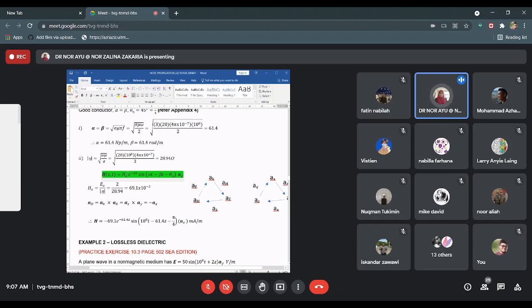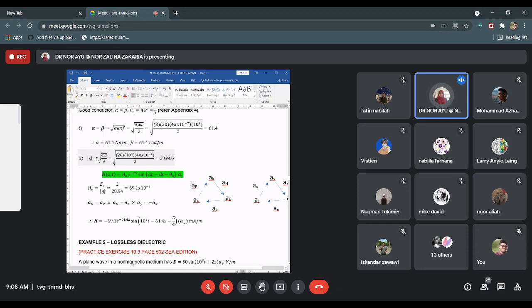So how do you find H naught? Refer back to the equation earlier. You can find the value of H naught by using E naught over the intrinsic impedance. Because you need the value of the intrinsic impedance, you need to find the intrinsic impedance first.